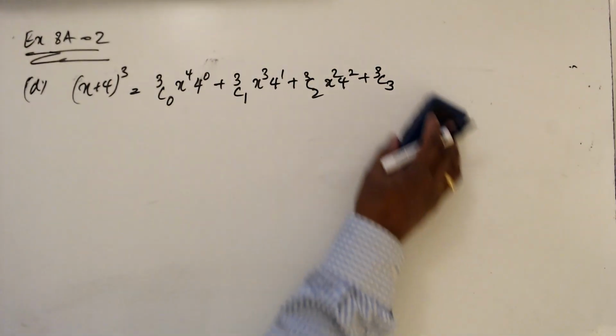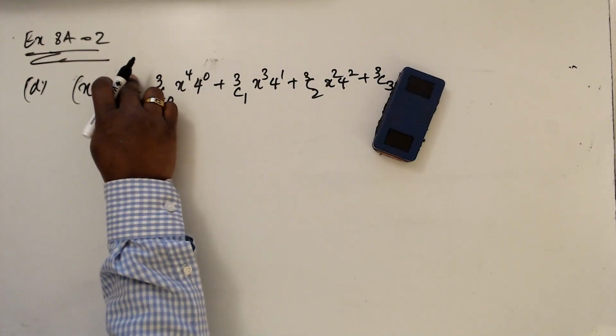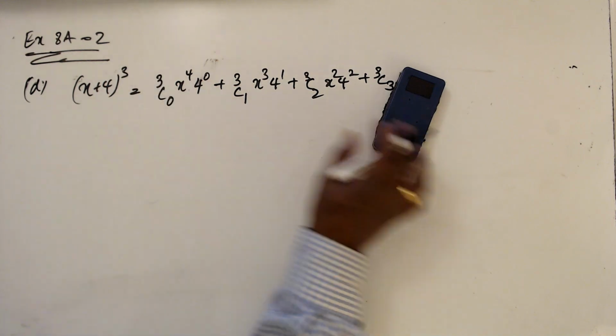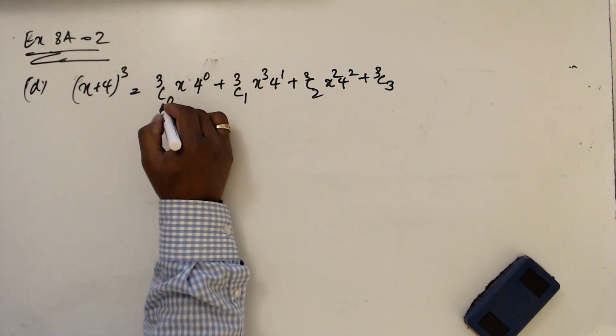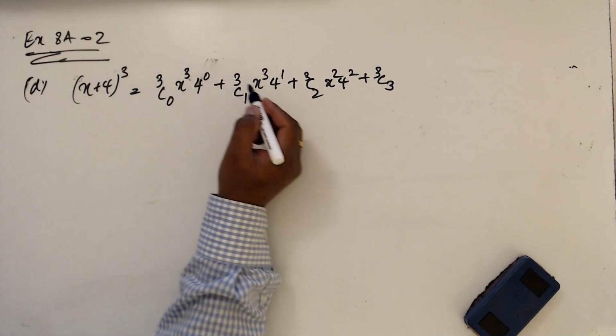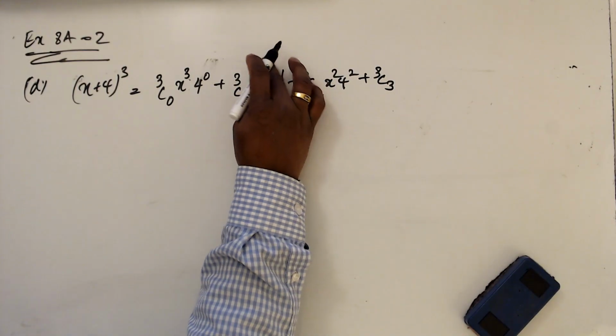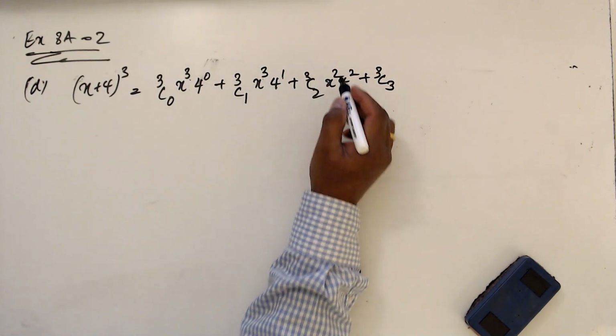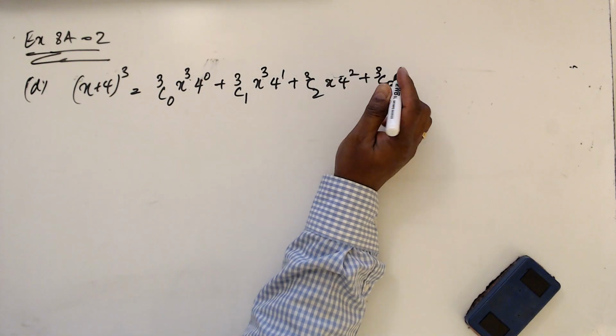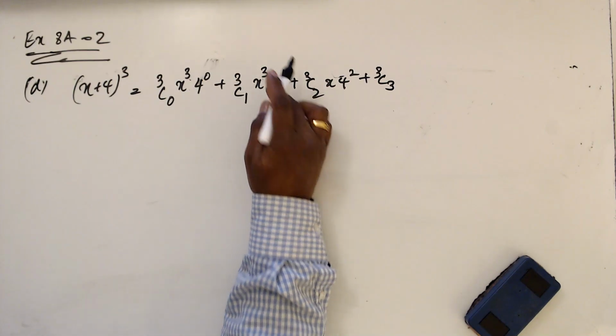Okay, wrong, this is x to the 3, I start with 4 to the 0.